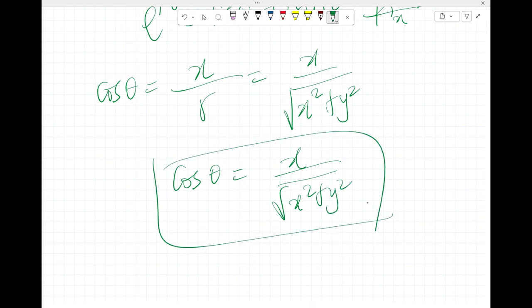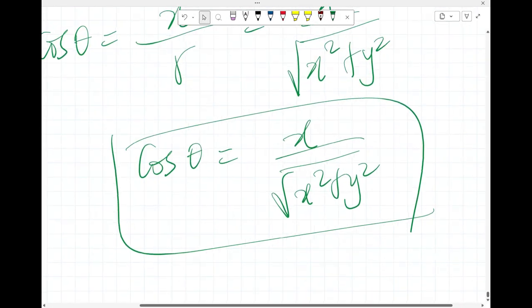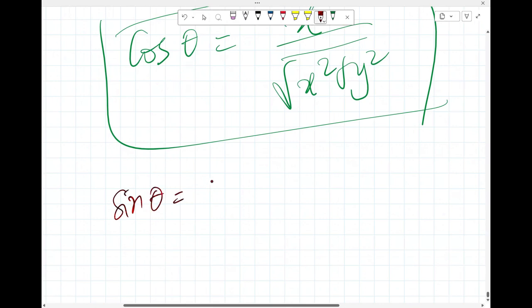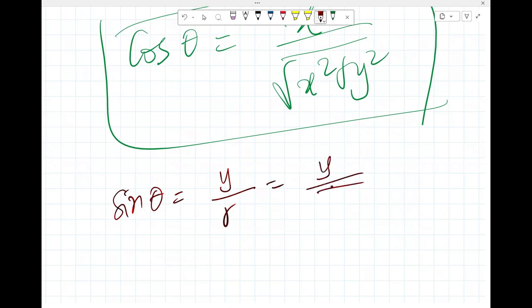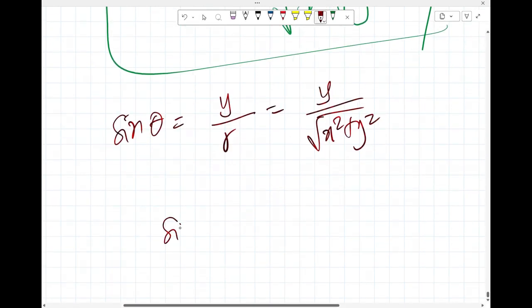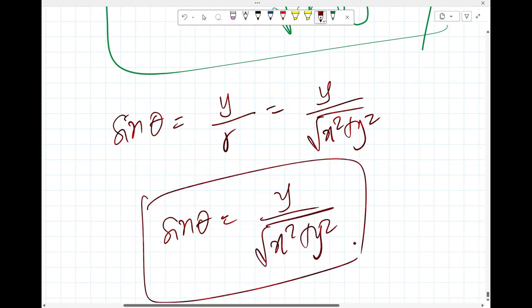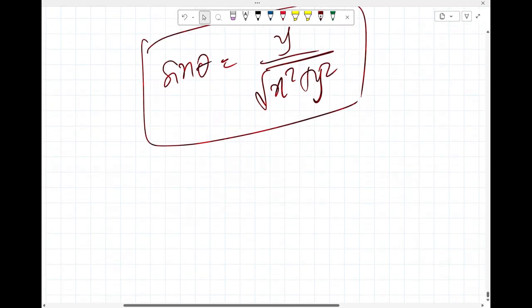On the other hand, we have sine theta, which is opposite y over hypotenuse r. That is y over square root of x squared plus y squared. So we have this established also. Then we move on to the next thing.